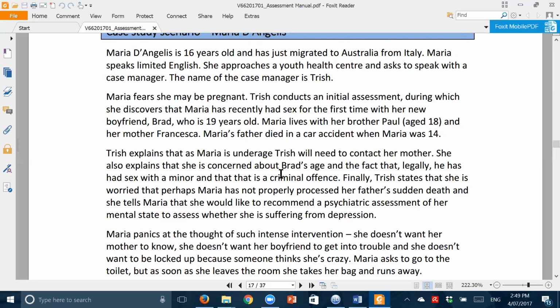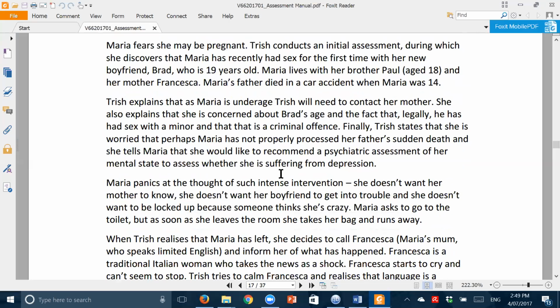So you're not going to try and talk about those sorts of things. So we're trying to engage, and Maria's obviously very skittish because she runs away in that first thing.